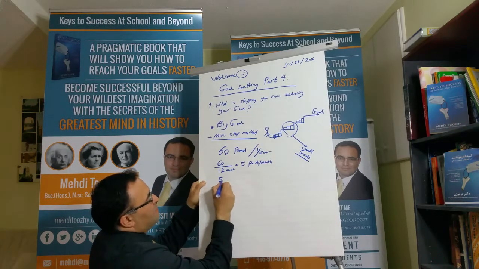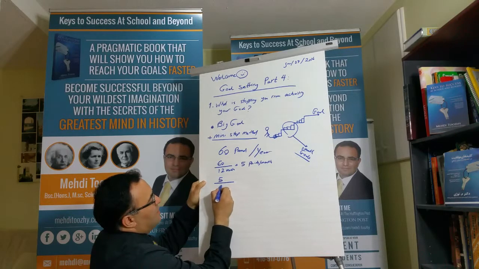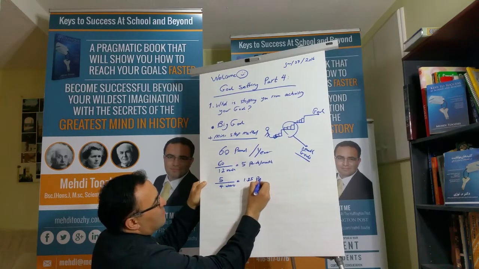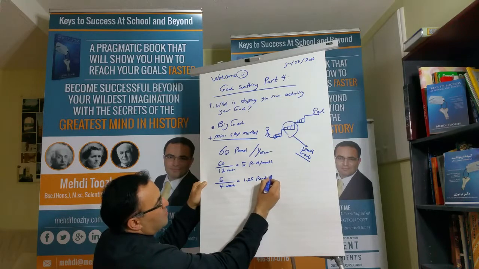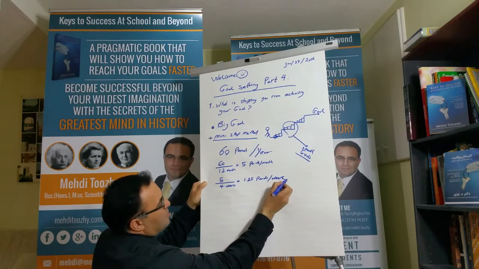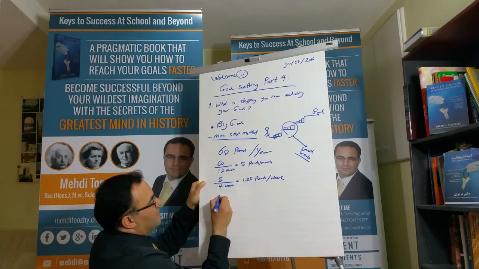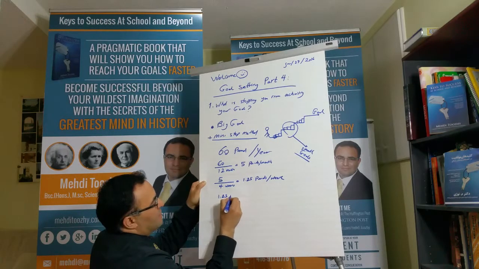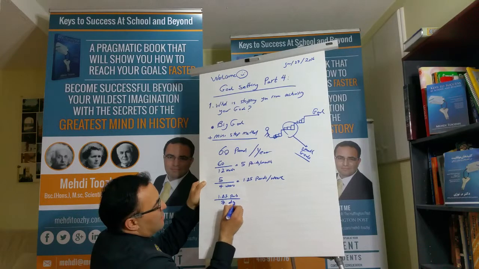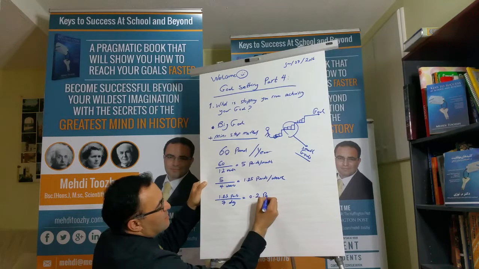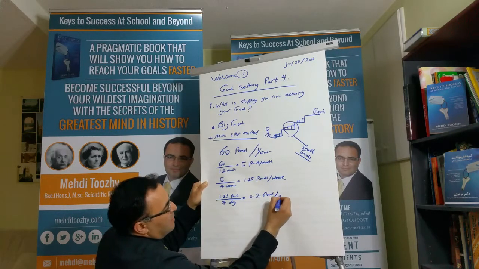And this 5 pounds per month, if you divide it by 4 weeks, which is in a month, that is 1.25 pounds per week. And if we want to go even further, 1.25 pounds divided by 7 days, if you want to see how much you want to lose a day, it's 0.2 pounds a day.